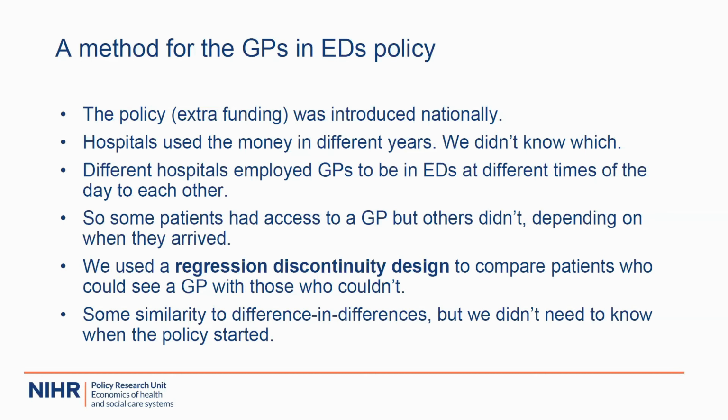So we could use that difference in timing to understand that there are some patients who arrive at an emergency department and don't see a GP because there isn't one there, and some patients arrived when a GP was present and therefore it was available to them as an option. It didn't necessarily mean they saw them. That might not have been clinically appropriate, but they had that possibility.